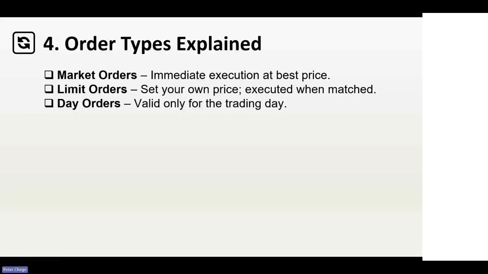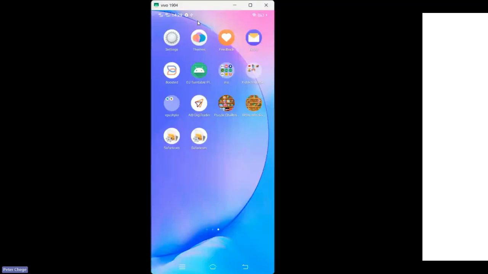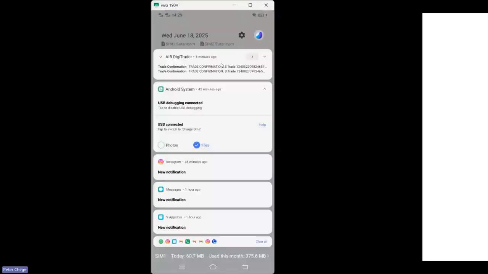Let me actually exit from the app so that when I'm logging in the next time, if it will have executed, hopefully, we'll see that notification. Push notification. Let me drop off the app. And I see, it's already there. You can see this notification at the top.